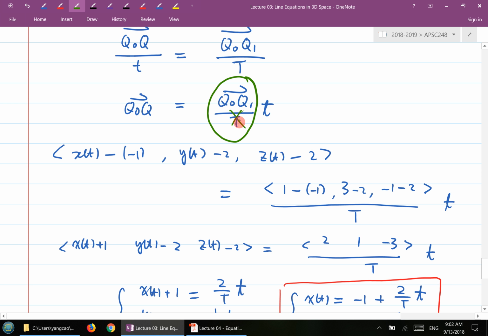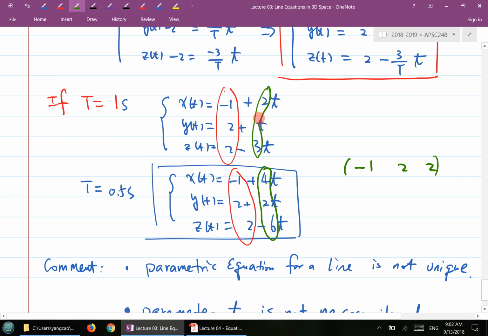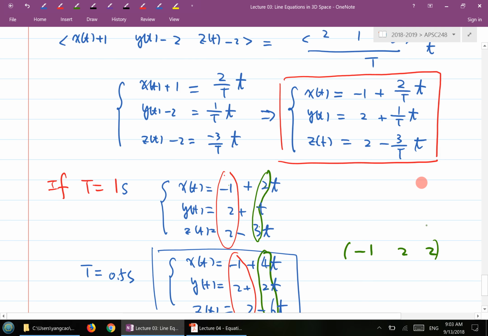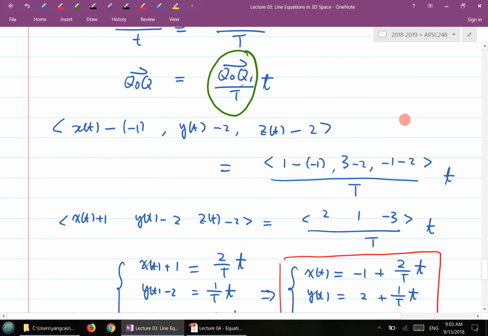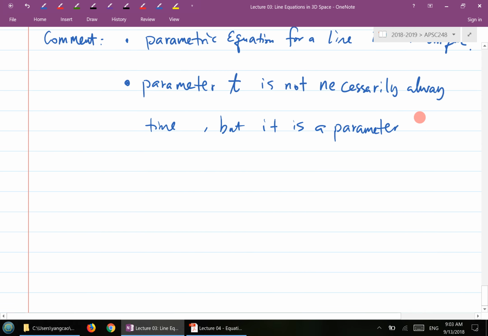But if I leave capital T here and think of it as a scale, then this is just a scaled version of Q0, Q1, the vector connecting Q0 to Q1. Can you see that? That's an observation, and you need to take a second look and get comfortable with this one.